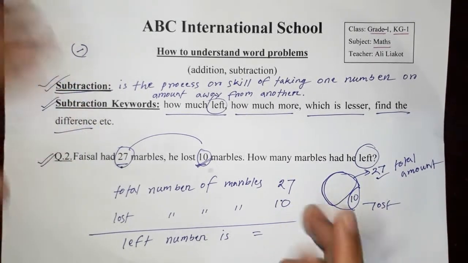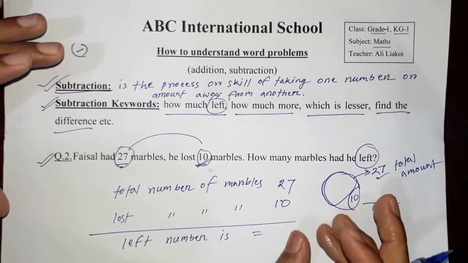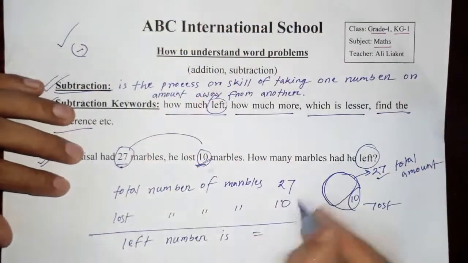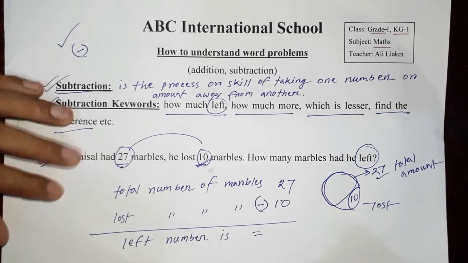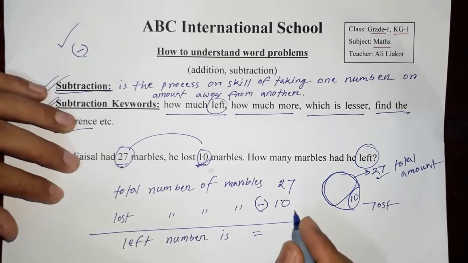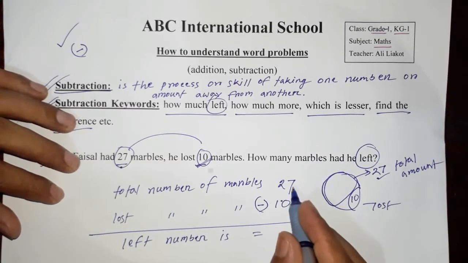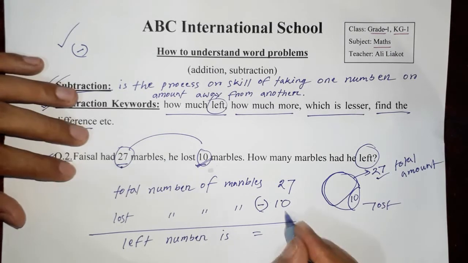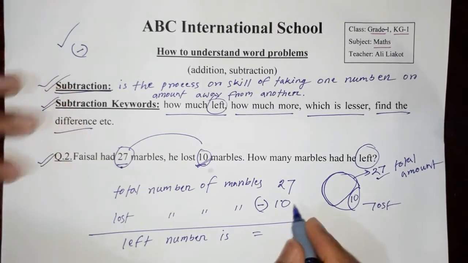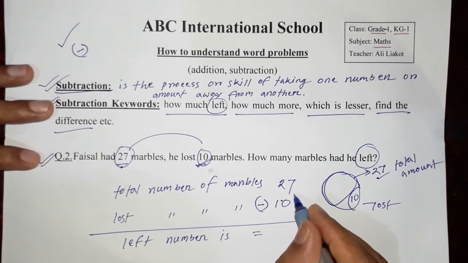So what's the sign of subtraction? Yes, the subtraction sign is minus. That's why we are putting the sign before the number. Now let's solve. Look at the top number. The top number is 7 and the bottom number is 0. So can we take 0 from 7?